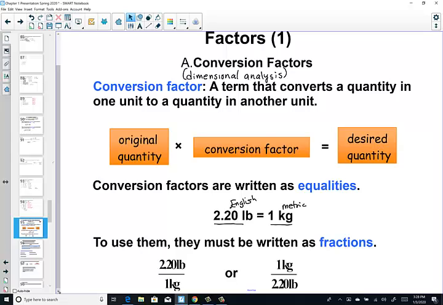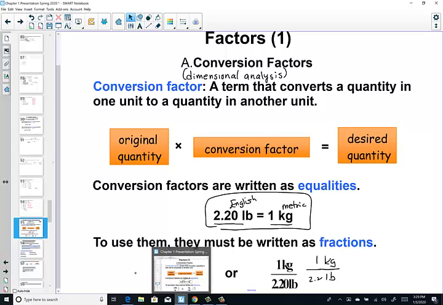So as fractions, we can set up this equivalent value saying 2.20 pounds is the same as 1 kilogram, where I have the pound set over the kilogram. Or I can have the kilogram set over the pound. And in doing so, I just want to make sure that I place the equivalent numbers in the appropriate places. So these again are what we call fractions.